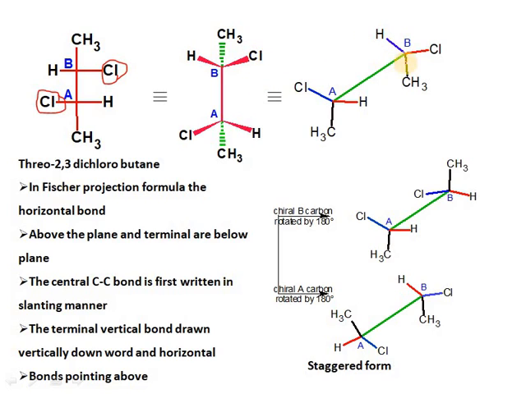Chlorine is on the right side. So this wedge and dot formula we can write in the form of Sawhorse.